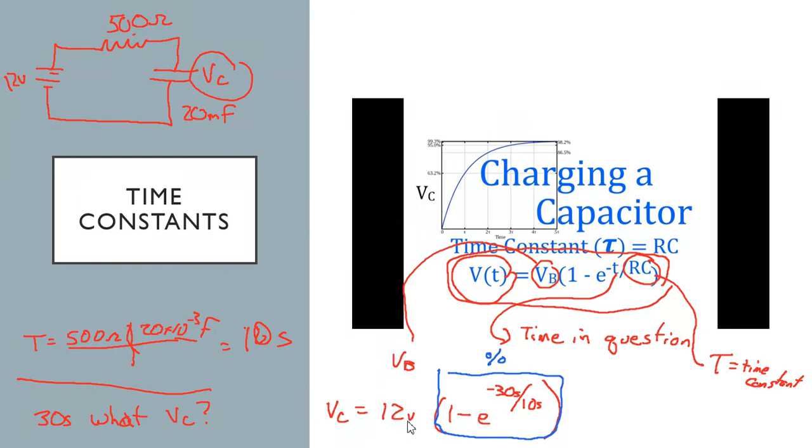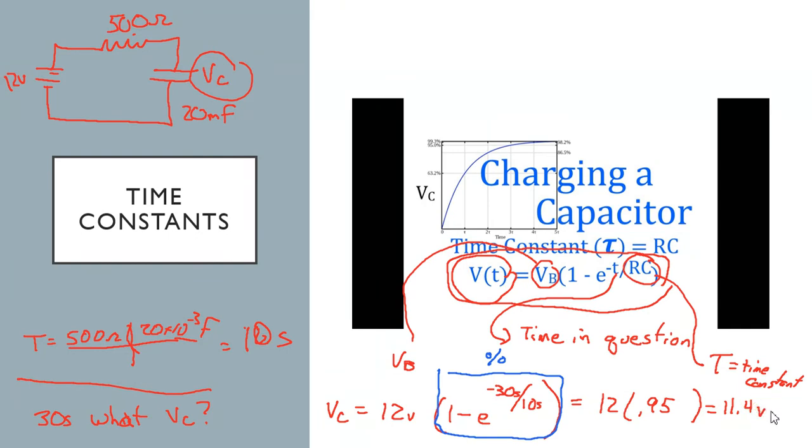So if I do this all out, what do I get? It's going to be 12 volts times this, which works out to be 0.95, and then I multiply that by 12. It's going to be at 11.4 volts.